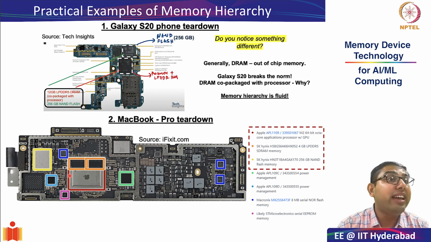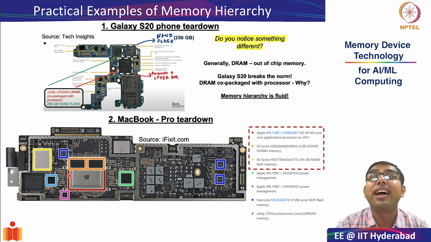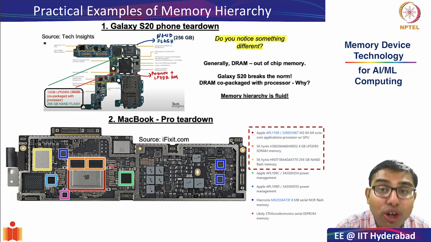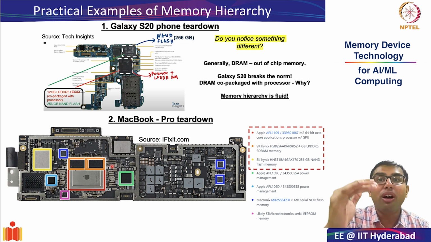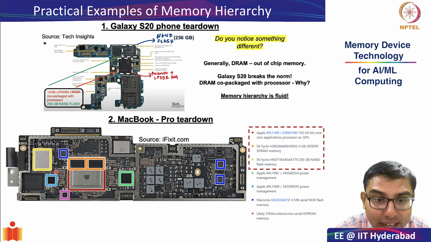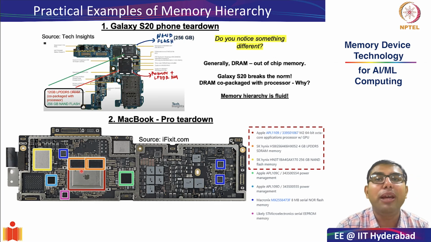This is a good indicator of what the memory hierarchy looks like. Not just in your pyramidal diagrams, even in an actual motherboard, you can see that your DRAM is much more closely packed to your CPU subsystem compared to your NAND flash.